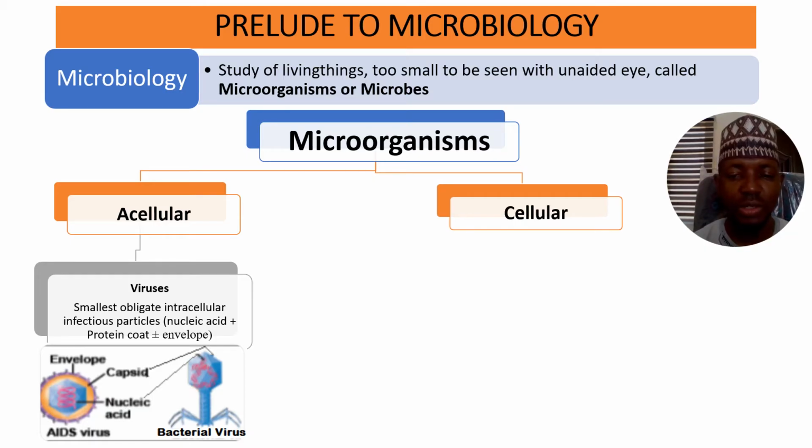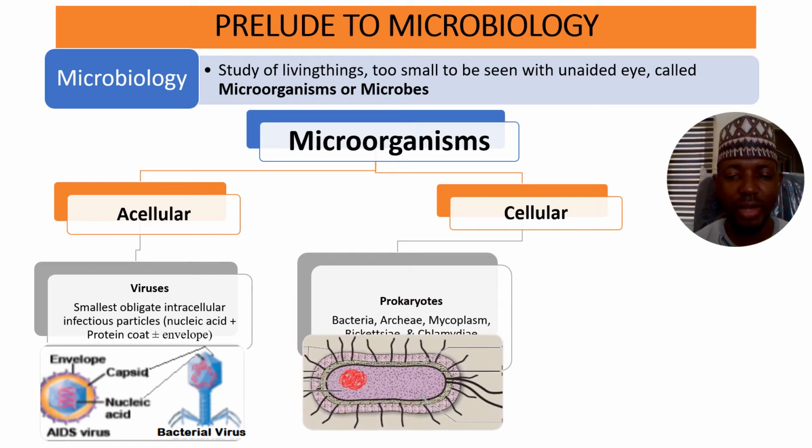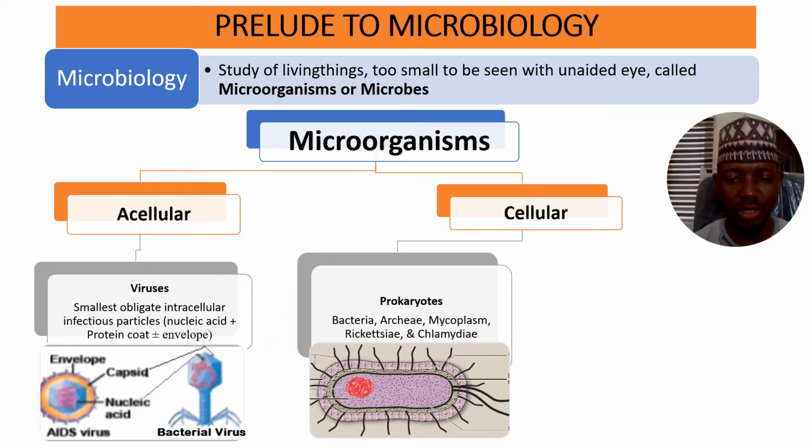Now, regarding the cellular organisms, they are categorized into two. The first category are the prokaryotes. Prokaryotes are microorganisms that are a little bit more advanced than the acellular microorganisms, or the viruses.